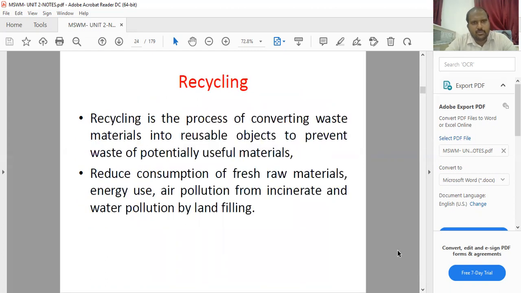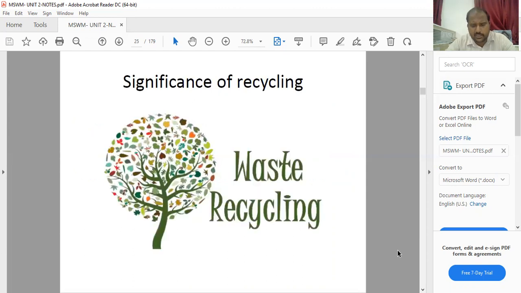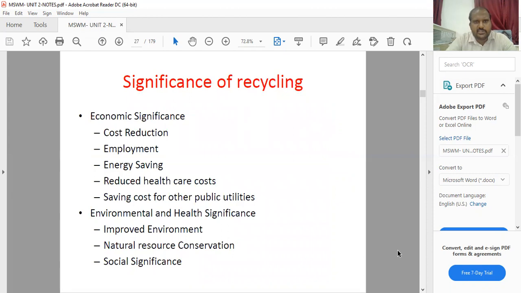Recycling. Recycling is the process of converting waste material into reusable objects to prevent waste of potentially useful materials. The next point is reduced consumption of fresh raw materials, energy use, air pollution from incineration, and water pollution from landfilling. Some significance of recycling.